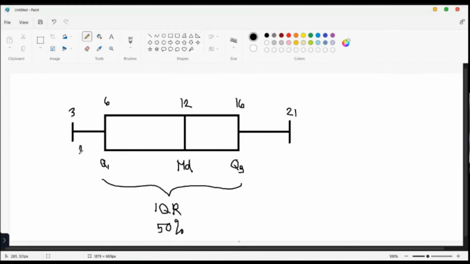This is 25%. So 25% of the distribution is lower than 6 but greater than 3, and another 25% of the distribution is greater than 16 but lower than 21. So ito yung titignan natin. Exactly half of the distribution falls within the first and the third quartile. Okay. Any question?